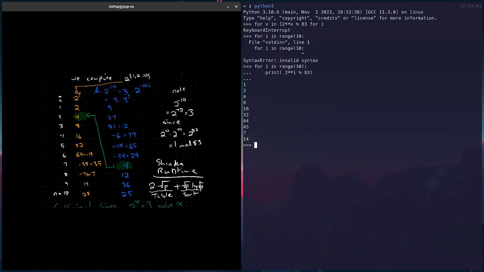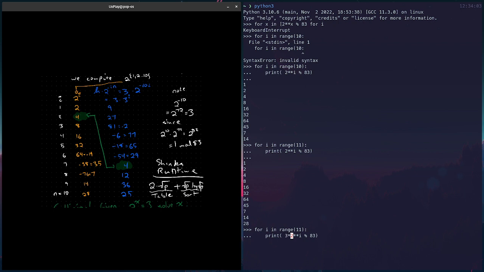And so there's our values on the left side. I guess we need to go to range 11 as opposed to 10 because we want to have 10 inclusive. And then second, we can do this exact same thing for i in range 11. Print 3 times, what would you say?